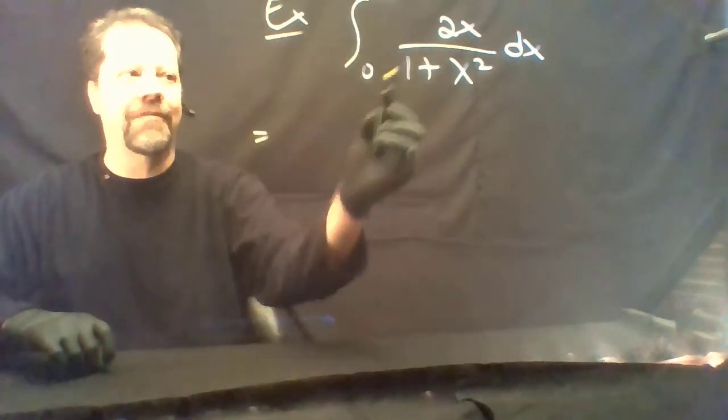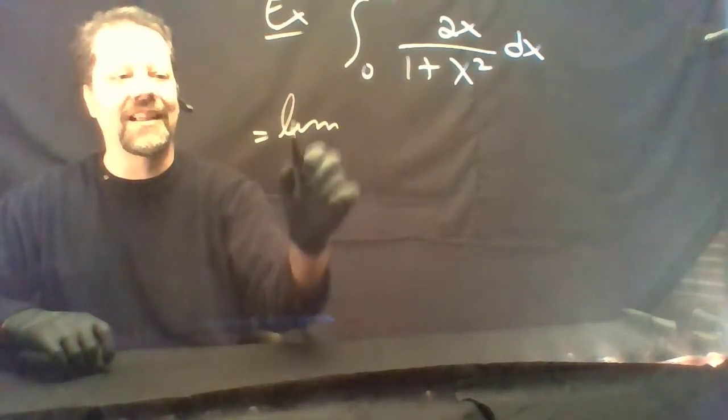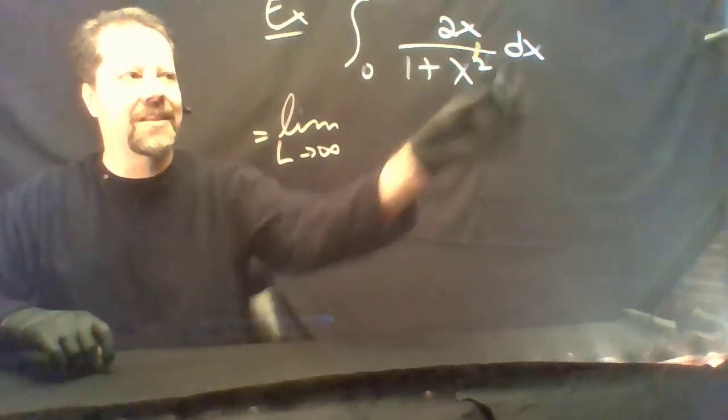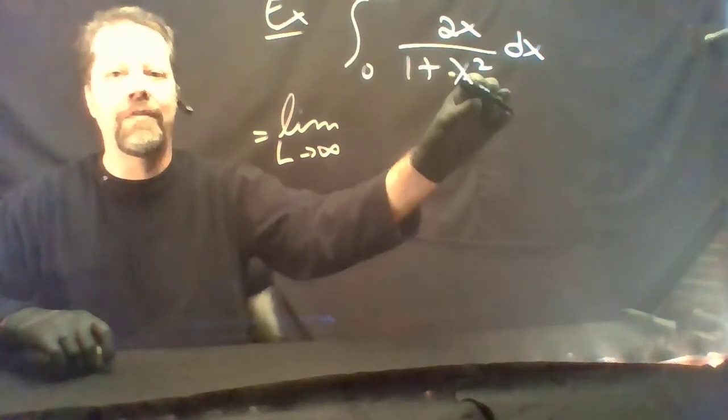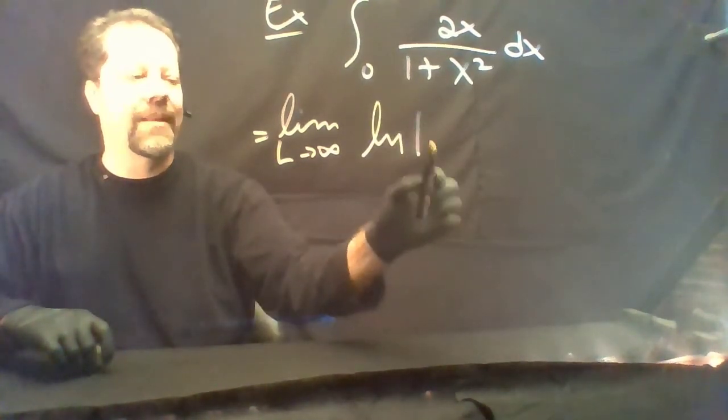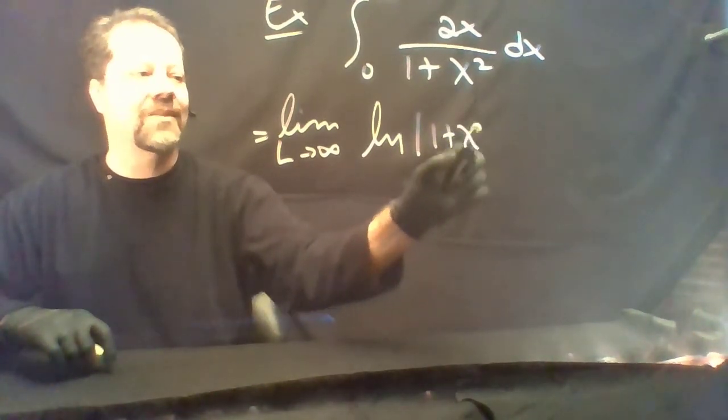We have to back off from the problem point, take a limit as L goes to infinity. Notice that this integrand is of the form f prime over f. The antiderivative is going to be the log of the absolute value of 1 plus x squared.